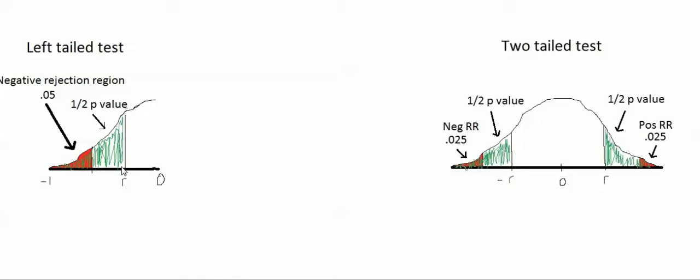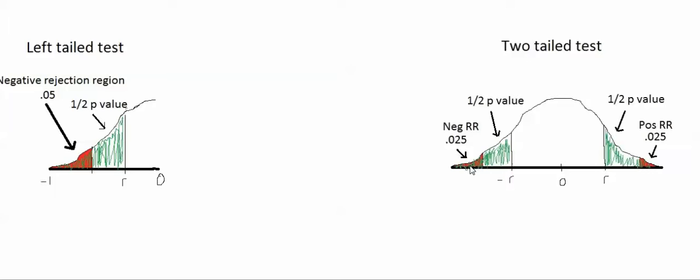And you might be wondering, what's the point of using a left-tailed test? Well, in a two-tailed test, these two rejection regions are each equal to 0.025. So 0.025 is the size of this rejection region, and 0.025 is the size of this rejection region. And they both add up to 0.05.